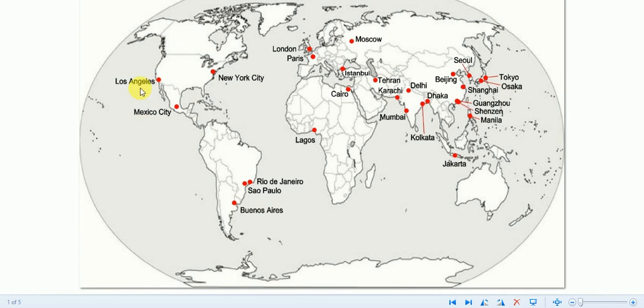See here, Los Angeles, Mexico, New York, Moscow. This is the map showing the megacities of the world in the year 2012. I have already uploaded the study material regarding the map work, and in that study material you will find this map.